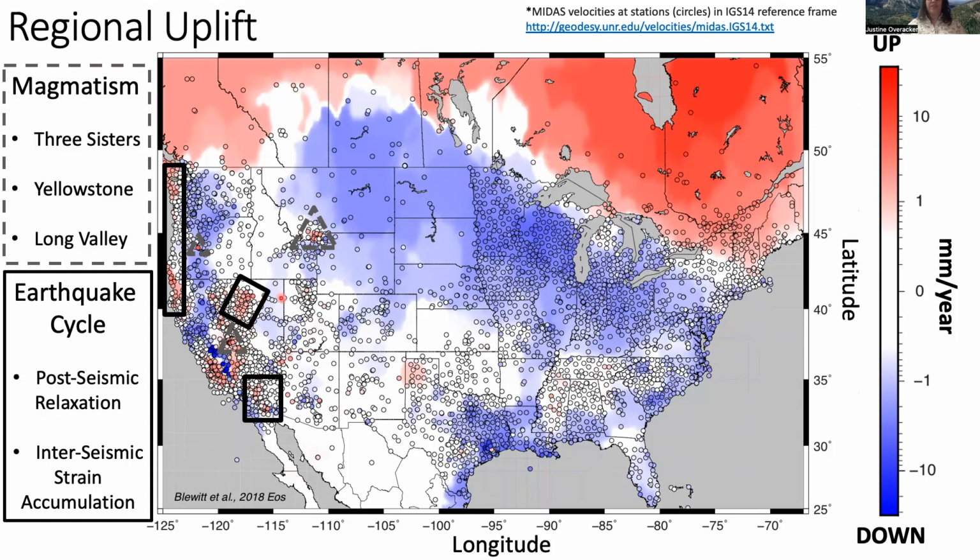So post-seismic relaxation in Nevada and Southern California from multiple approximately magnitude 7 earthquakes that happened in the past century, as well as interseismic strain accumulation along the Pacific Northwest coast, where the Cascadia subduction zone is.